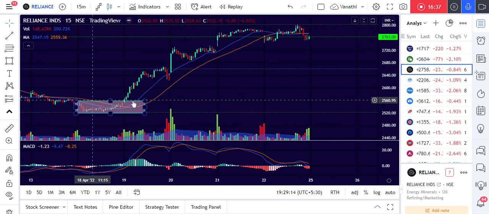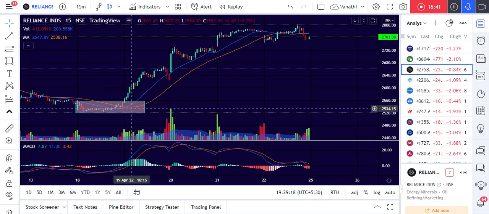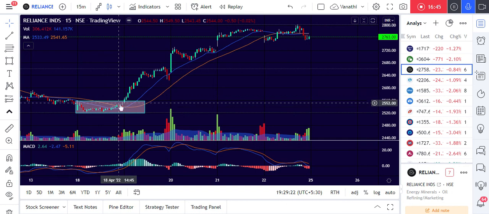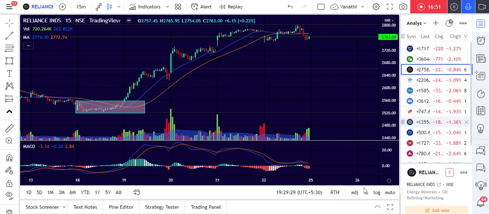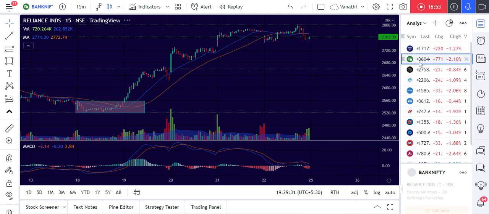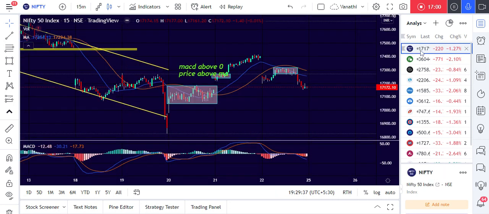For pre-plan also, it will be helpful, as the previous day, if you are seeing a consolidation zone, you can note down those stocks, and next day, if it gives a breakout above this consolidation, you can take entry, and have a good profit. So it is useful for index also, Nifty, and also for Bank Nifty, and also for stocks.